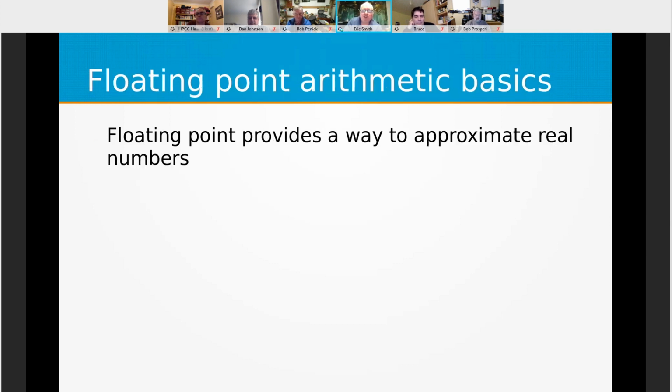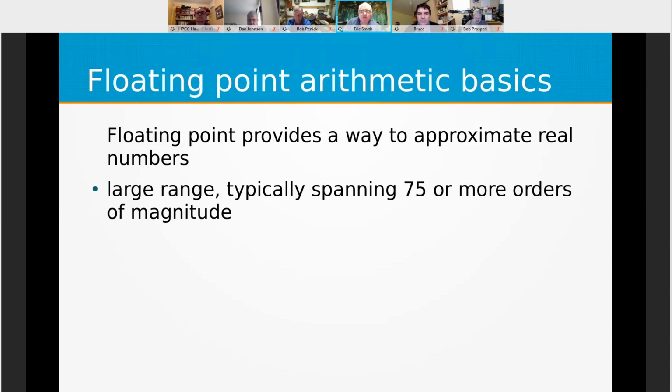So floating point provides a way to approximate real numbers. There is no way in a computer to represent the vast majority of real numbers, but we can provide approximations. Part of the motivation of floating point numbers, as compared to, say, integers or rational numbers, is that we want to be able to represent numbers in a very wide range.